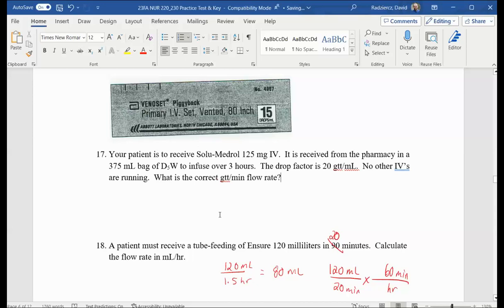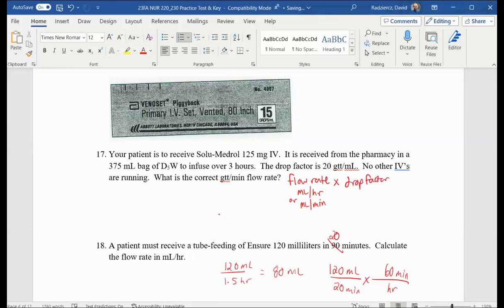All right, so as a reminder, in order to calculate flow rate or drop rate, I need two pieces of information. I need flow rate, which is typically in milliliters per hour, but it could also be in milliliters per minute. So it just depends. And I need my drop factor.